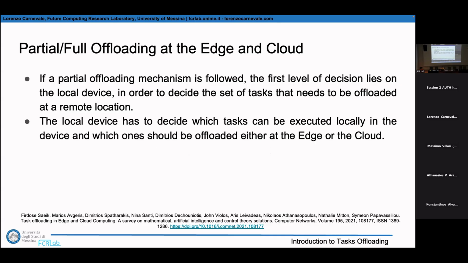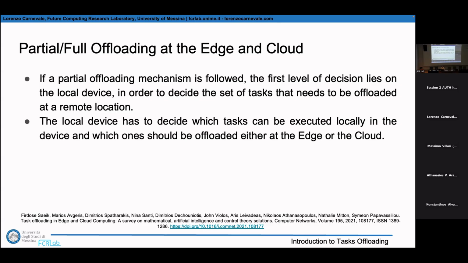Because for the partial offloading we have, I remember, part of the computation in the local device and part of the computation in the remote platform. And so the local device also has to decide if this task could be offloaded to the edge or the cloud, or if the task needs to be offloaded part in the edge and part in the cloud.